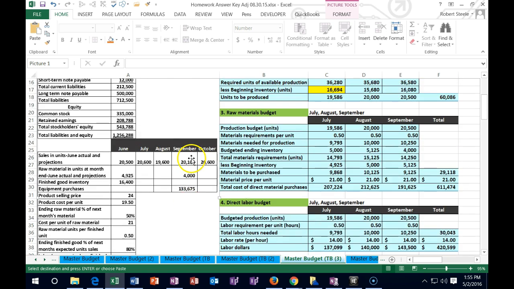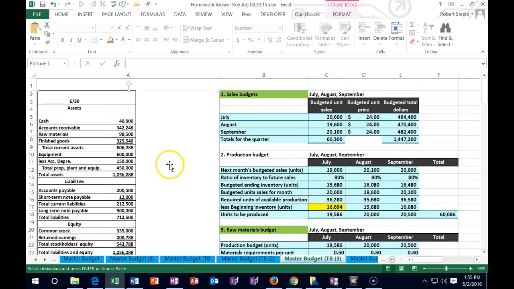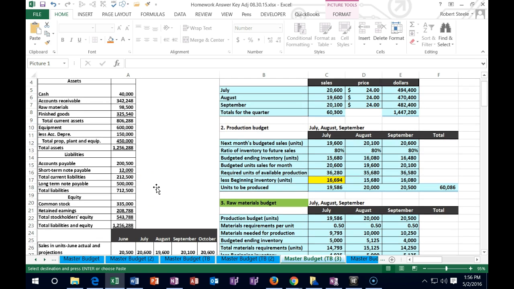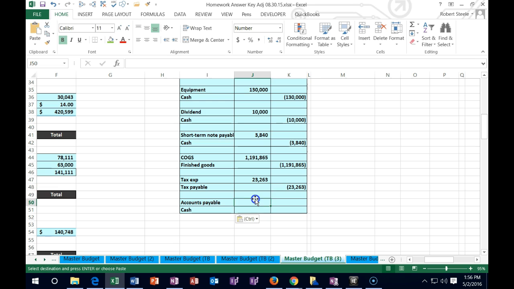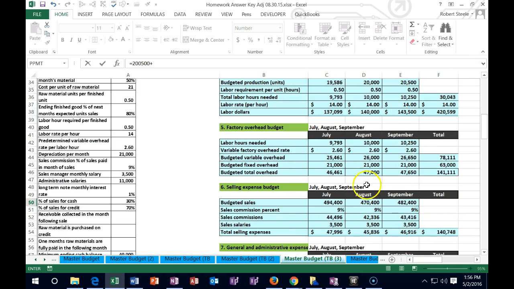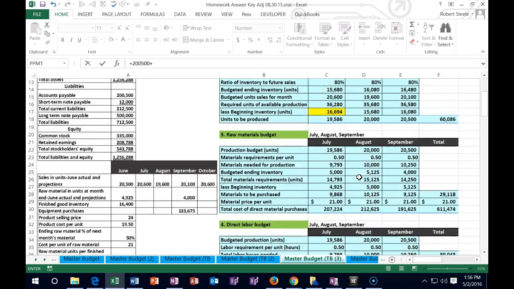So for example, if we look up here, this payable, the 205, is something that we're going to pay in the next month. We're always going to be a month behind, meaning we're going to purchase it on account and then pay for it a month later. So what are we going to pay off? We're going to pay that, which equals the 205, plus we're going to have to pay off the other purchases here.